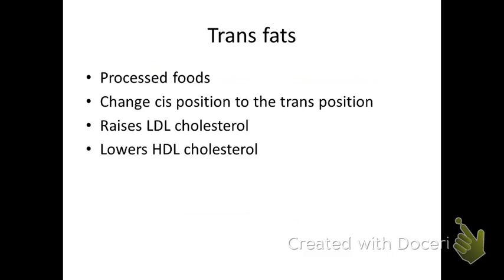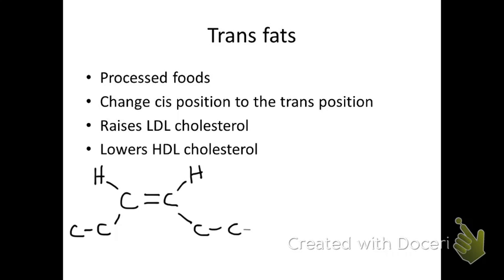Okay, so when you look at a double bond in an unsaturated fatty acid, let me write out a double bond here so you can see this. So you have a double bond, and if we have hydrogens attached to those double bonds on the same side, and then we have our carbons, so our carbon chain is moving in this direction, okay?